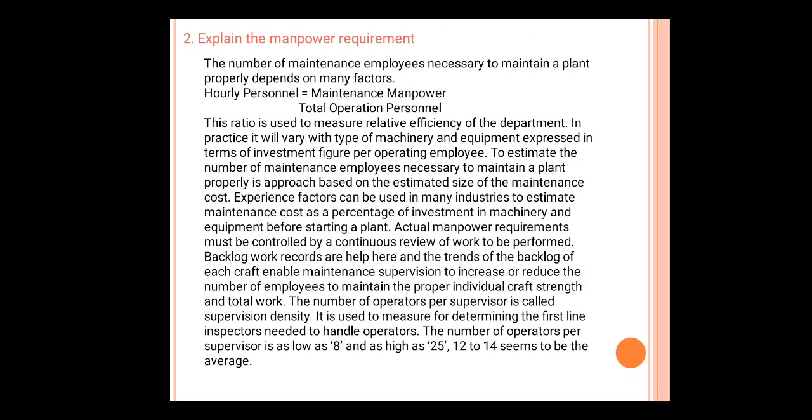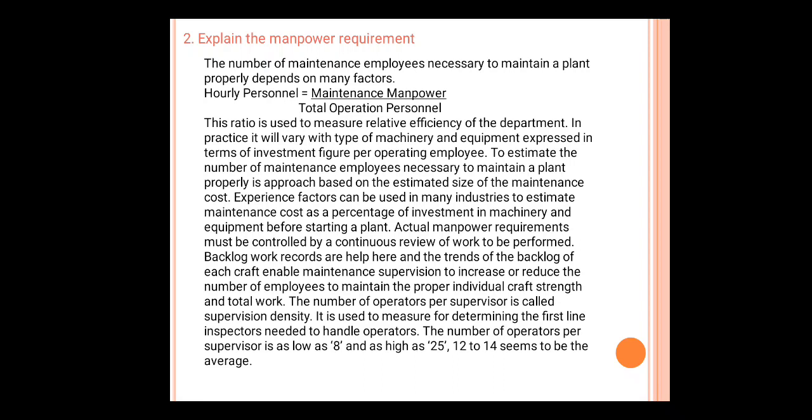Second question: explain the manpower requirement. What the manpower requirement is in an industrial area, that we should explain here. The number of maintenance employees necessary to maintain a plant properly depends on many factors.